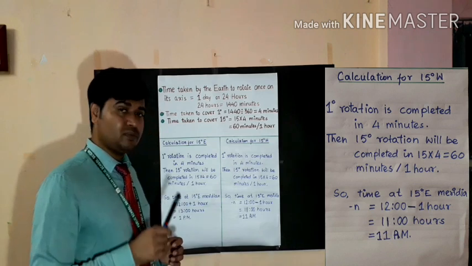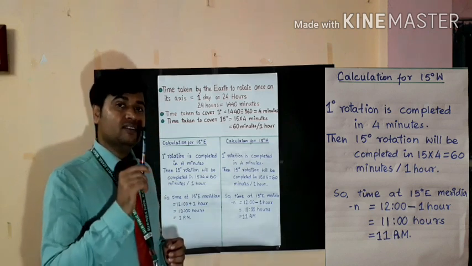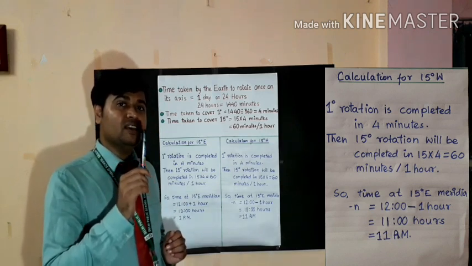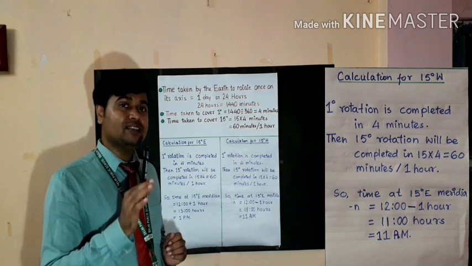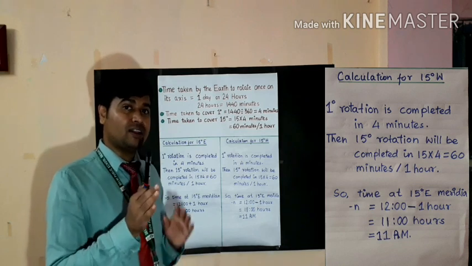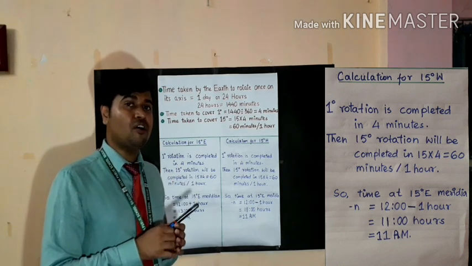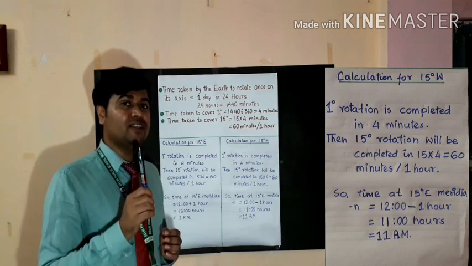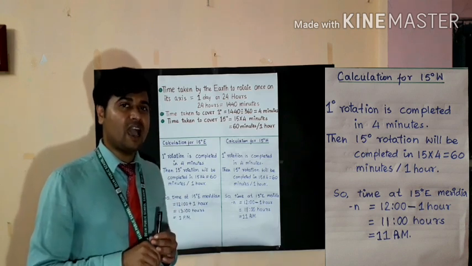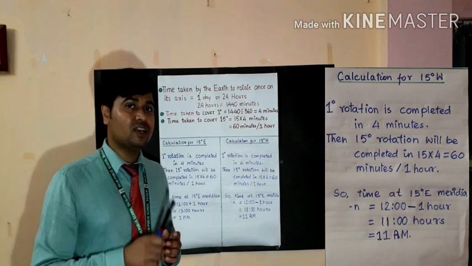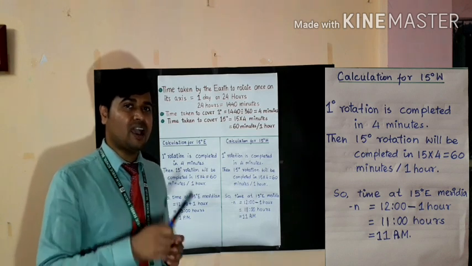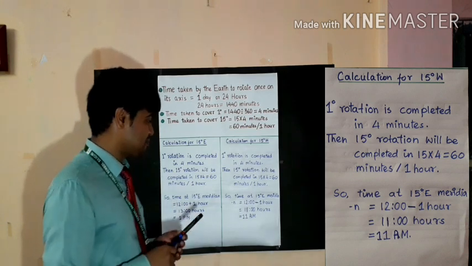So, as the 15° longitude is located at west of prime meridian, that's why we have to subtract.